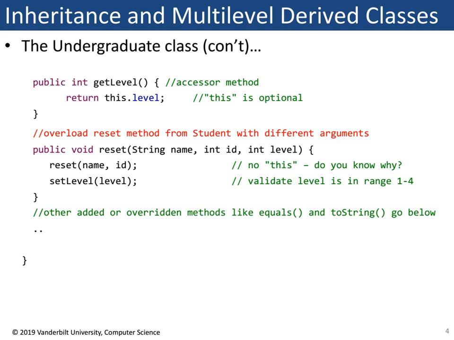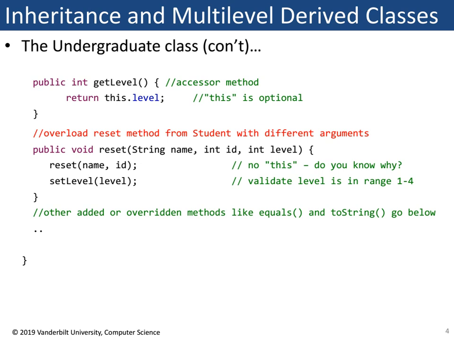Then we have the overloaded reset. So remember, we had a reset, which was part of the student class. So here we have a new reset method, which has the same return type, name, and then different parameter set. Okay? So this is not an override, this is an overload.